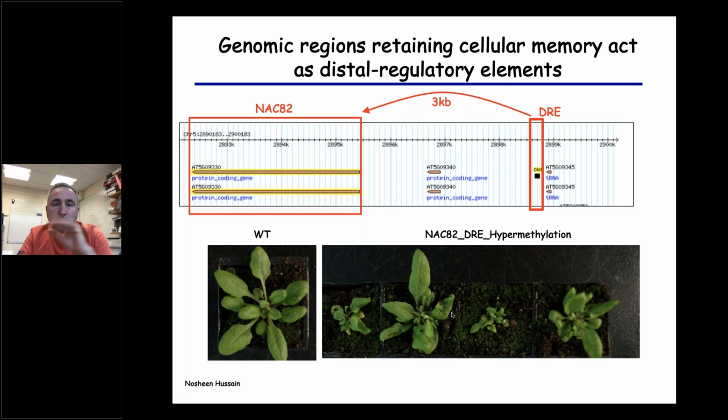So in summary, this suggests that some of these changes that are transmitted to the clonal progeny based on cellular memory are somehow targeting intergenic regions of the genome, and some of these intergenic regions play an important role in the fine-tuning of genes that are important for organ-specific responses.